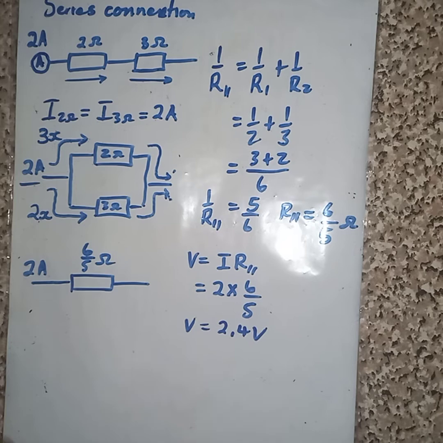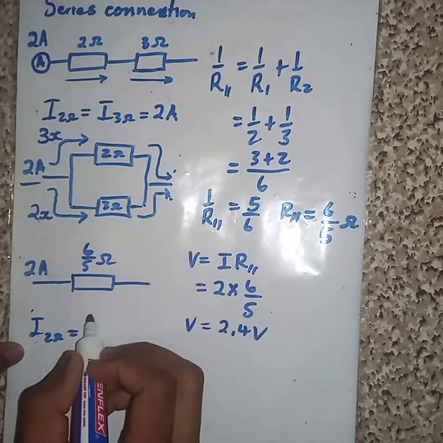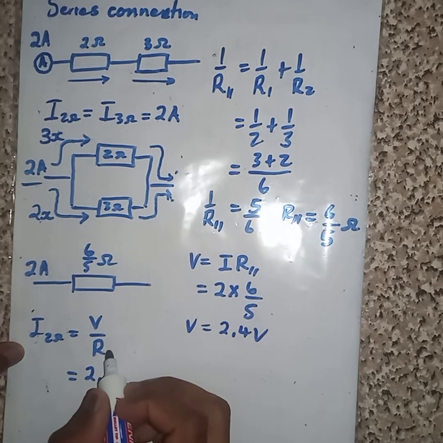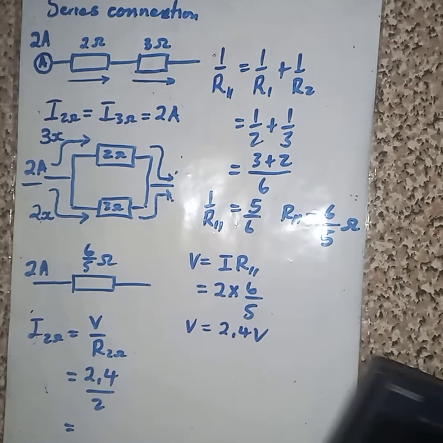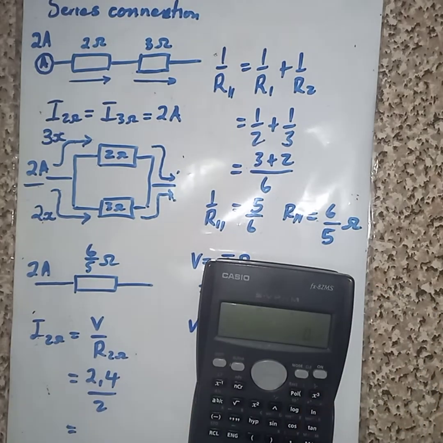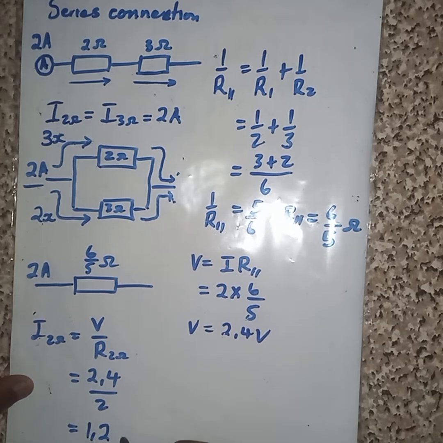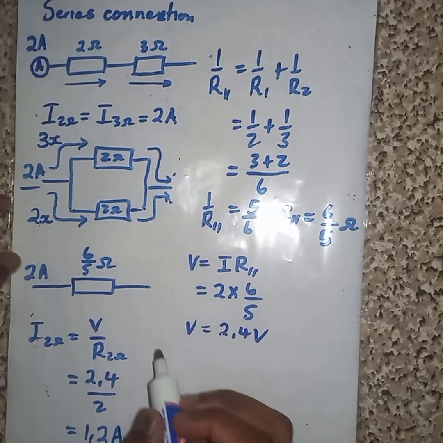For us to find the current, we'll just say I for 2 ohm is going to be V over R. Where we see our V, we substitute 2.4, and underneath we substitute 2. Our answer is going to be, hopefully I did not make any mistake, 2.4 divided by 2. We get 1.2 ampere. Do you still remember we got the same answer that side?